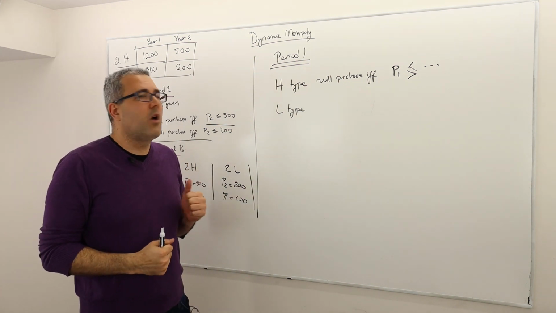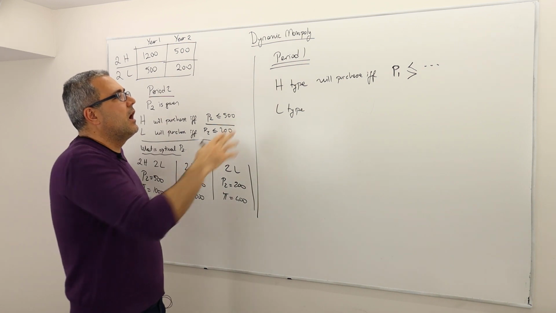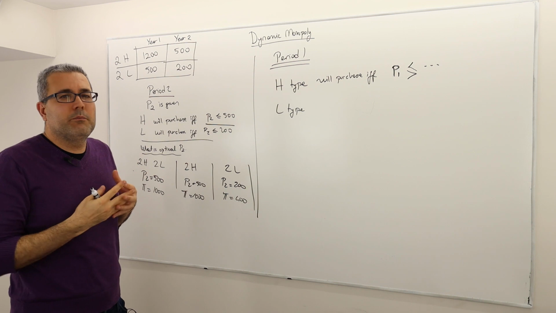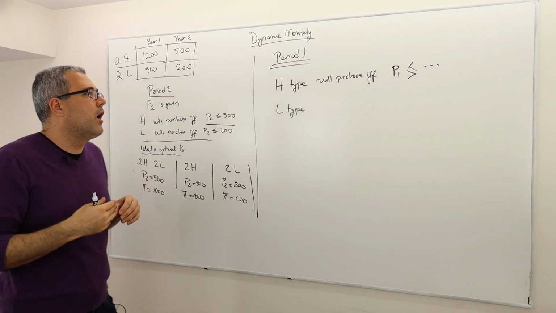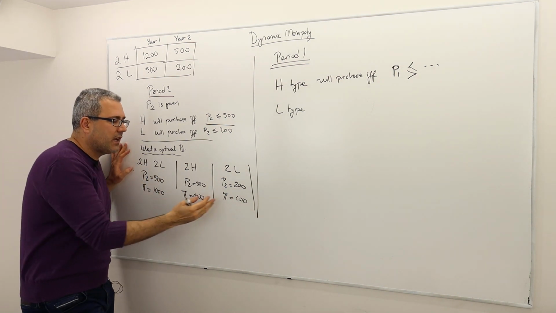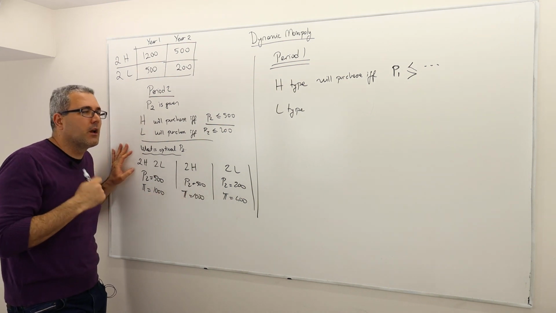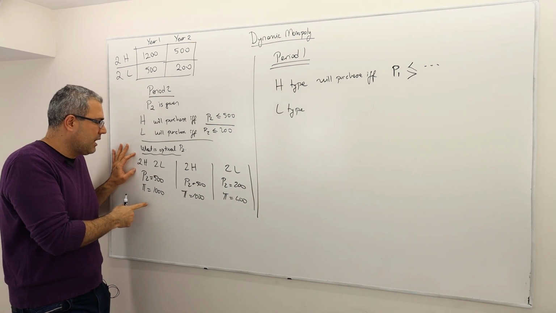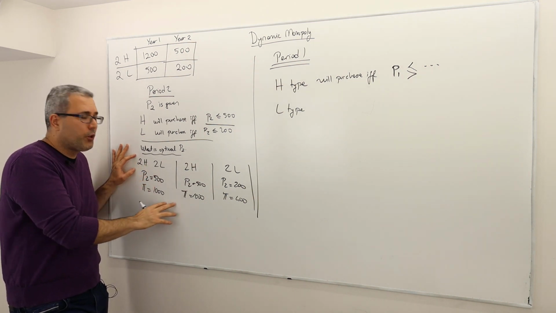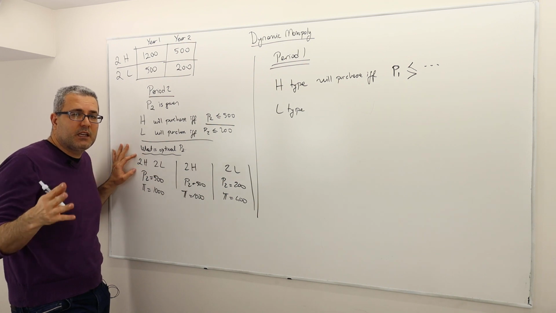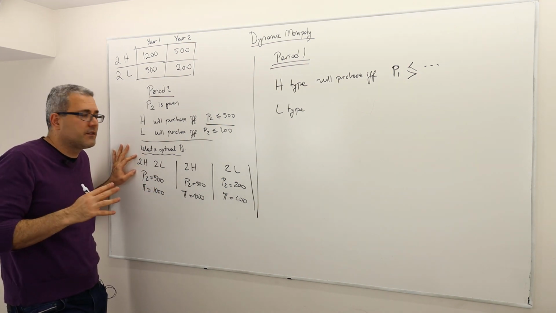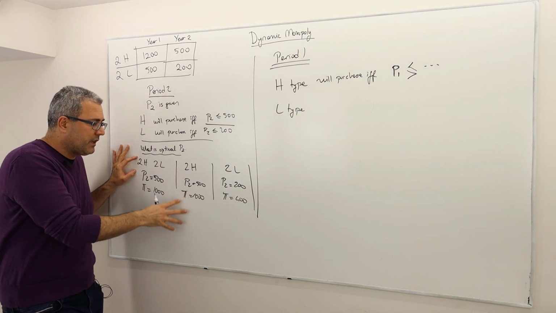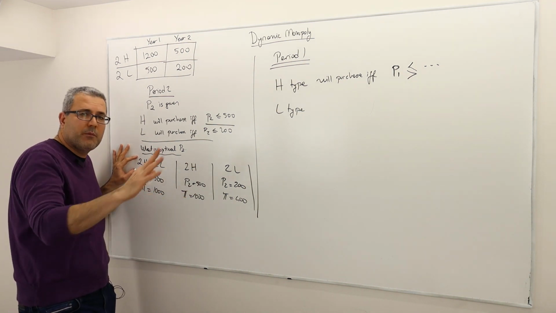Not really. Why not? Because the H type's benefit or payoff will depend on, obviously, what the second period price will be. That means if, for example, nobody purchases this good, then the second period price is going to be something else. If the low types only purchased, then the price in the second period will be something else.